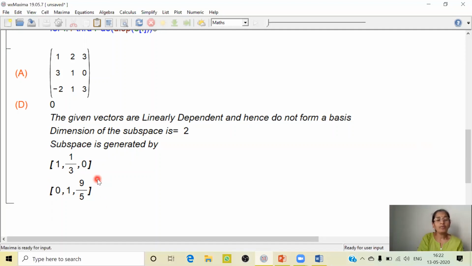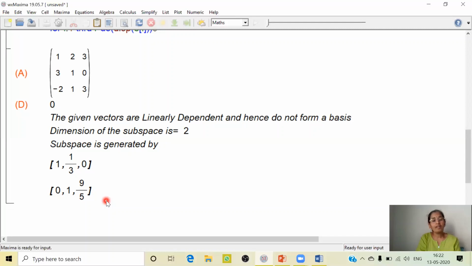So here the output will definitely differ from the manual part. Here within the system, it may interchange the rows and it will bring it to the row reduced echelon form. So the output non-zero rows will be different from the manual part. So sometimes it will be similar, sometimes it will be different.